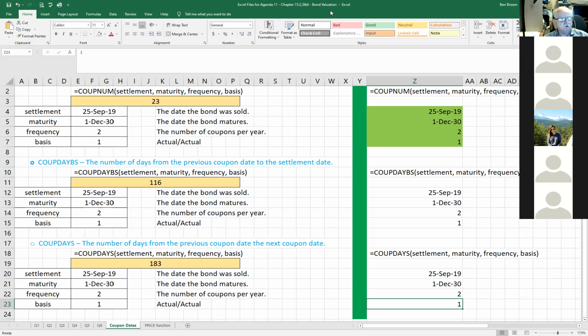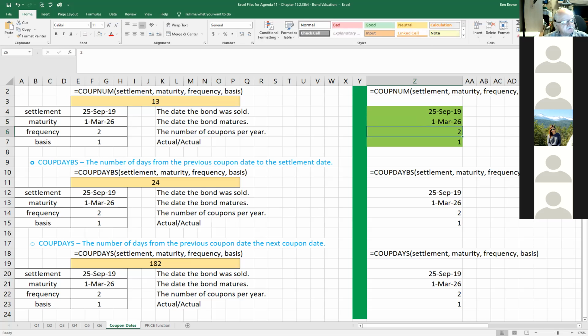What we need to know is we need to look at the question again. So the bond matures on March 1st. That's the maturity date. And put it in here in the green box, March 1st, 2026.